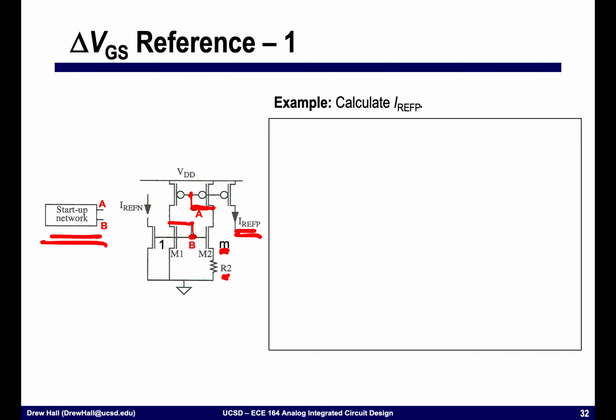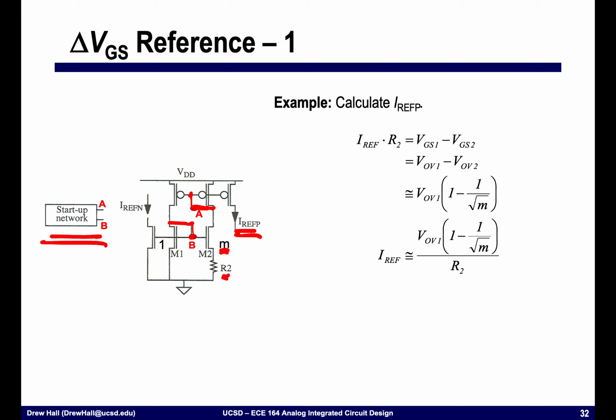If we want to solve this, what we really need to do is just write a KVL loop around here, where I have IREF times R2 is going to be equal to VGS1 minus VGS2. And this is where it gets the name of a delta VGS, because it's the difference, or the delta, between these two VGSs sized differently.